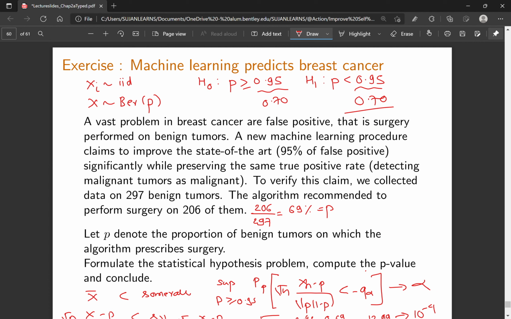For that, we took the case of breast cancer, and breast cancer had the benchmark false positive rate of 95%, and this machine learning model comes along, says that it can reduce this 95% benchmark to 69%, and we use the statistical hypothesis testing to evaluate whether this claim was true or not. And as a result, we got that this claim was actually true.